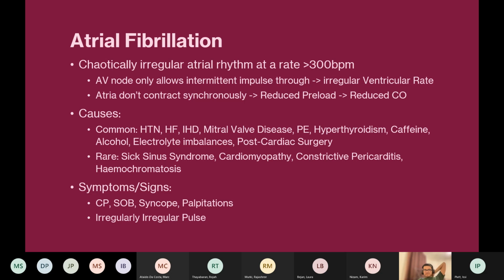Signs and symptoms. Can anyone give me some symptoms that someone might complain of with any arrhythmia? Yeah, palpitations, fluttering in their chest. Syncope, exactly. Their cardiac output is reduced, so they'll experience syncope, especially during fast episodes.